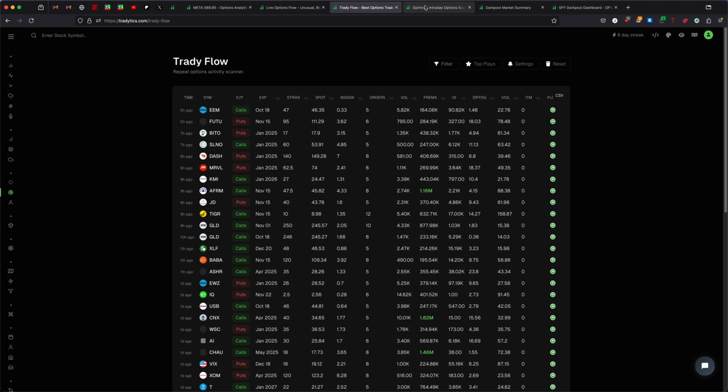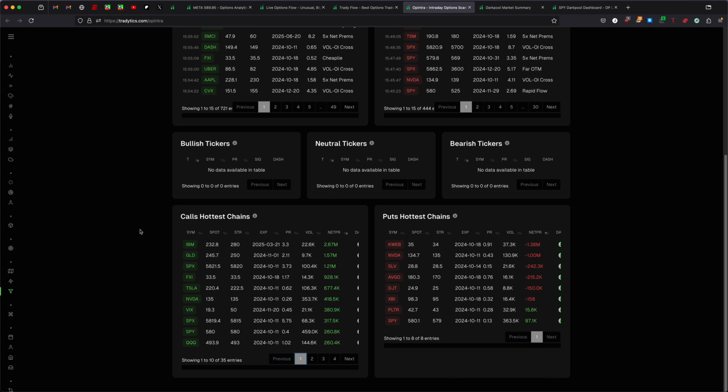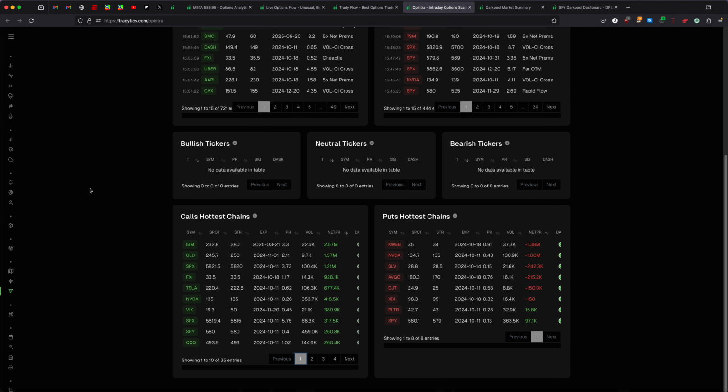There's also OpenTra, and these are all found in these tabs over here, repeat flow and options scanners. This is an option scanner that shows hot chains. This is usually how I use it, hot chains and then unusual activity. So you can type Meta in, or whatever stock you're looking for flow on, and see what's happened lately.